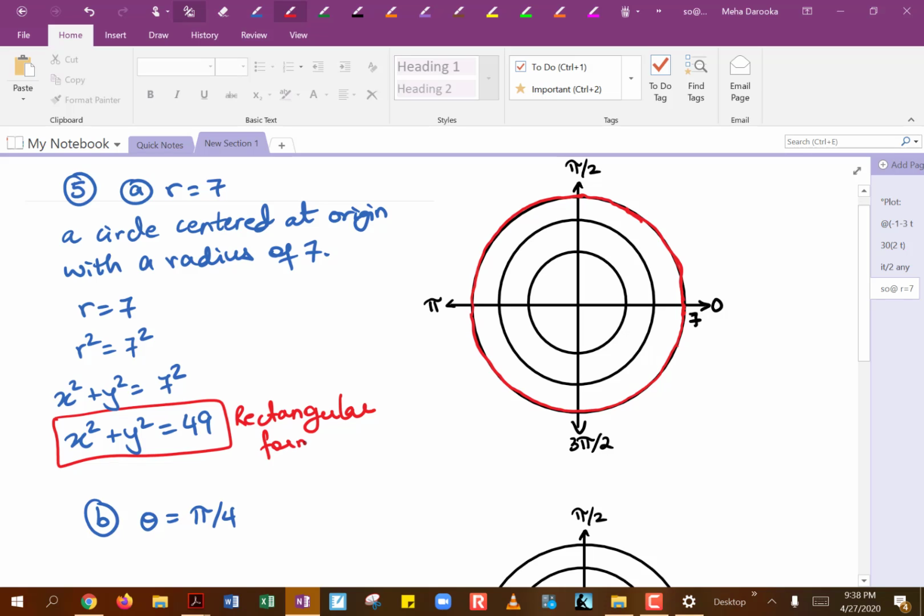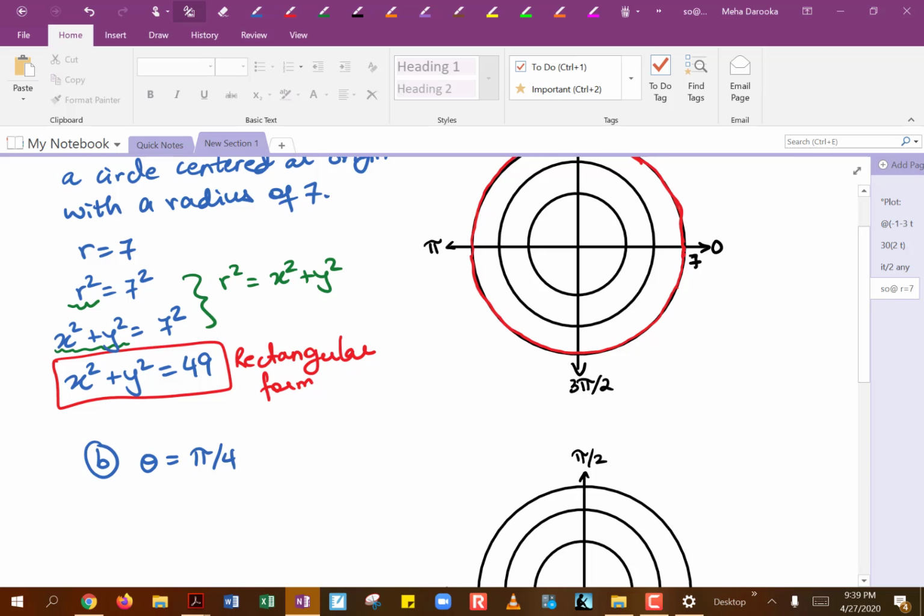And here, the conversion that happened from here to here, we're basically defining r squared as x squared plus y squared. So instead of r squared, you can replace it with x squared plus y squared, and that's how we converted from the polar equation into a rectangular equation.